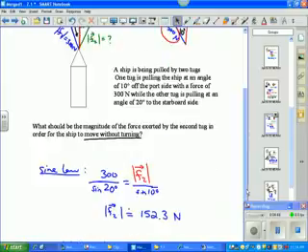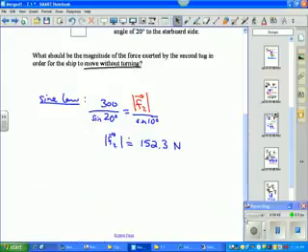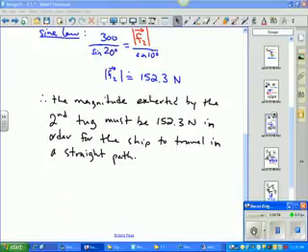Multiplying the sine 10 to the other side, we get F2 is approximately 152.3 newtons.